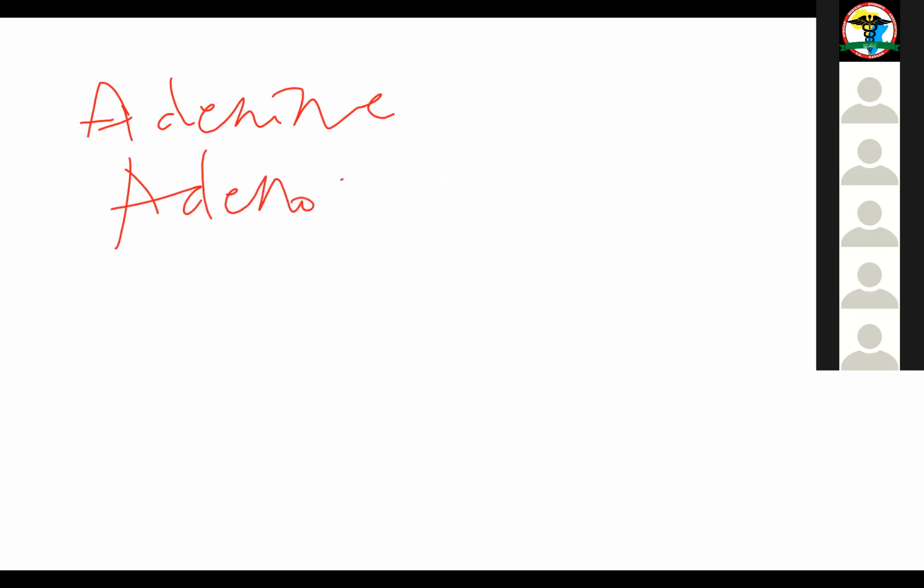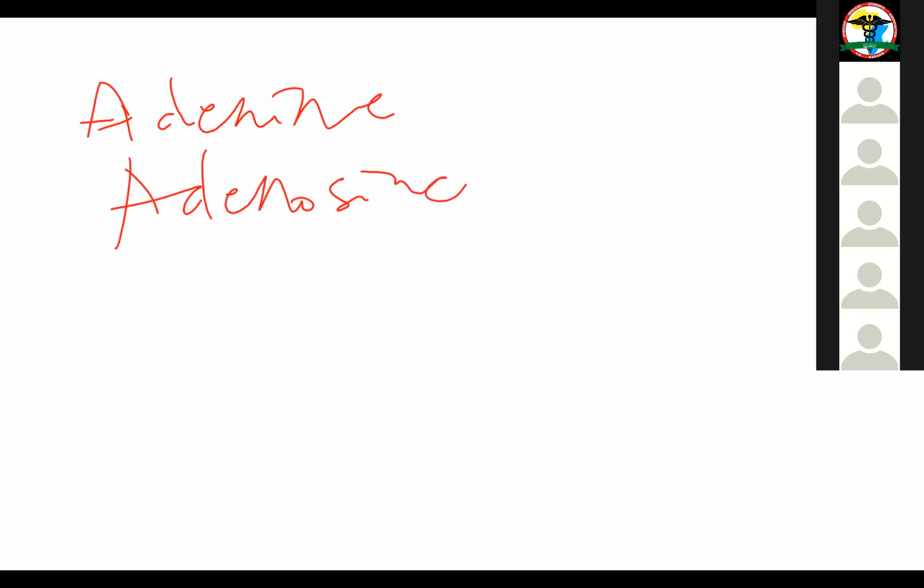Like I mentioned earlier, nucleotides are the building blocks of DNA. When we are talking about DNA, it does not just contain, how do you say, adenine. What's the difference between adenine and adenosine? Does anyone know the difference?